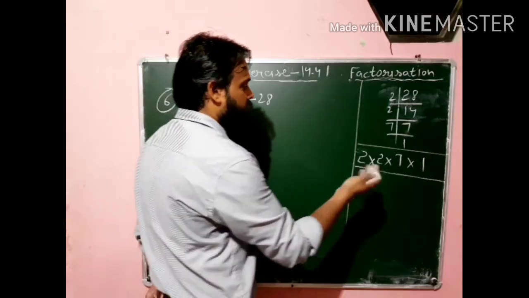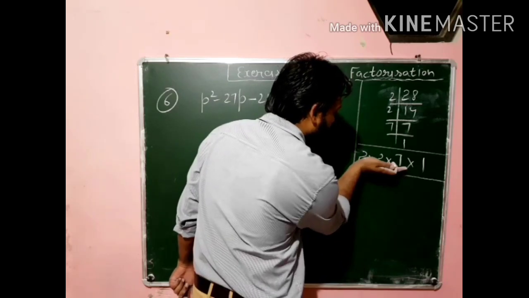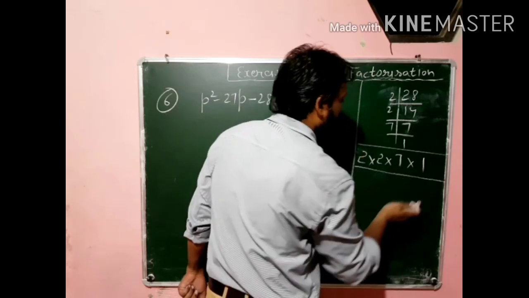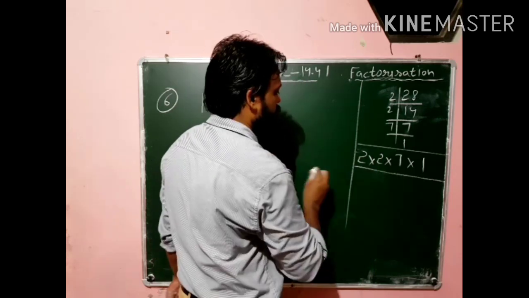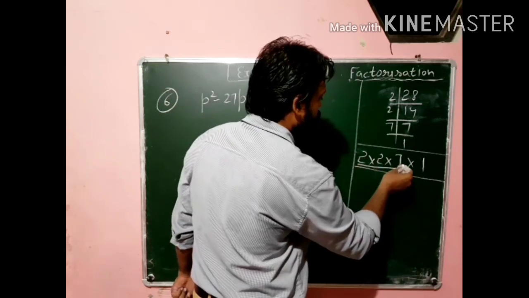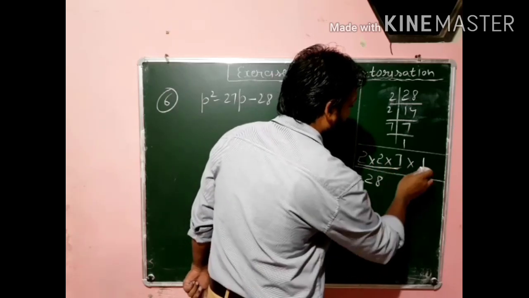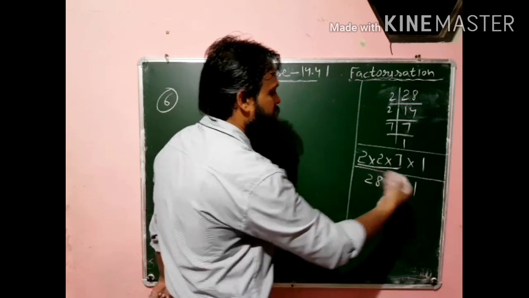Okay, now again we have to think how many terms we have to take into the first group and how many values into the second group to satisfy this condition. So now you can see we can take these three values in the first group. Why? Because 7 2s are 14, then 14 2s are 28, and of course this one is left for the second group.